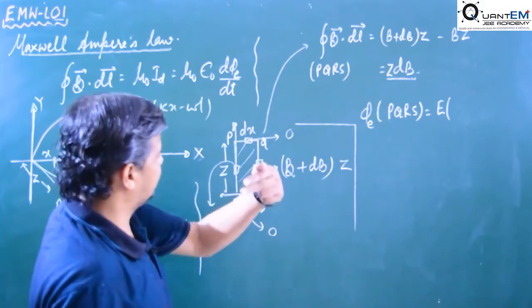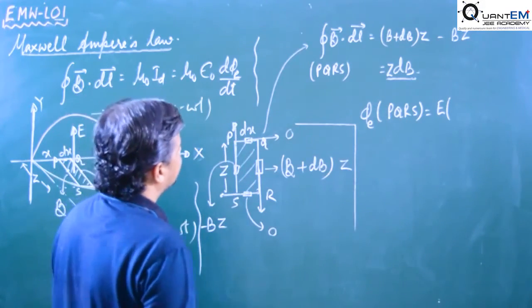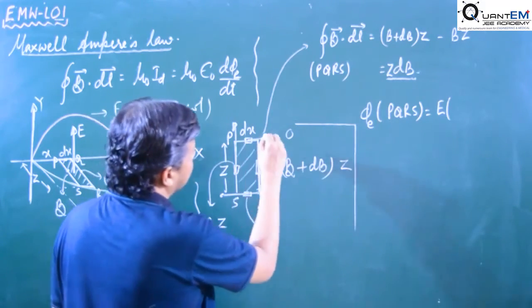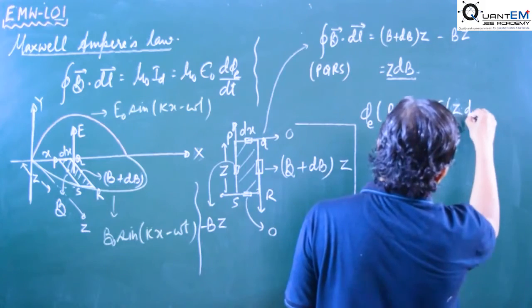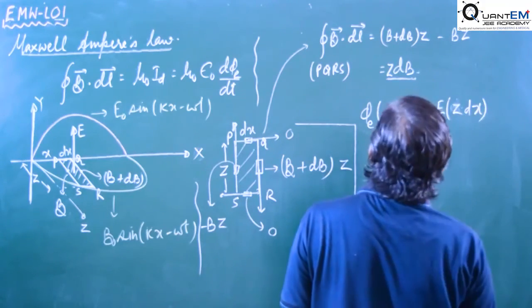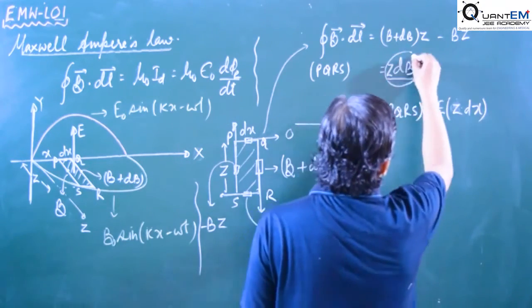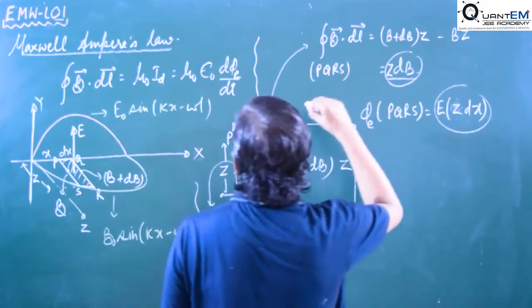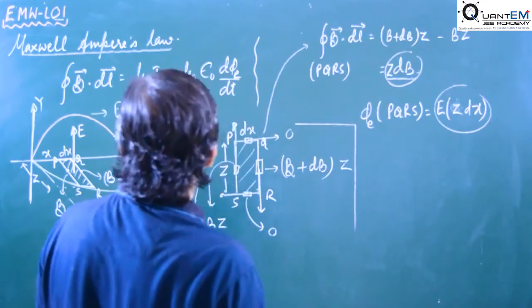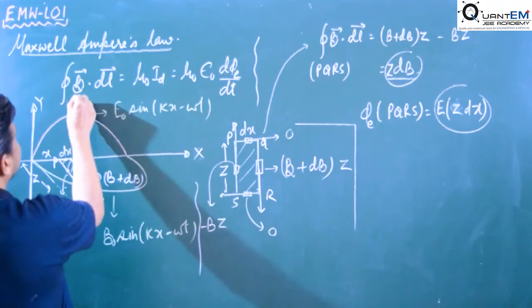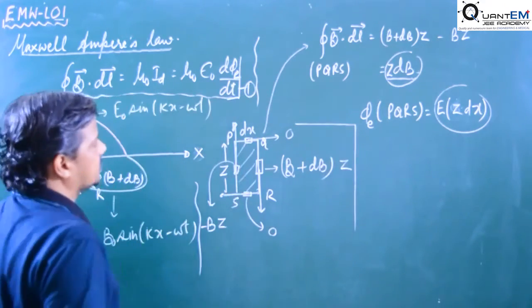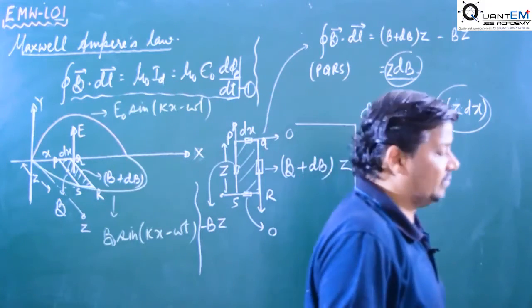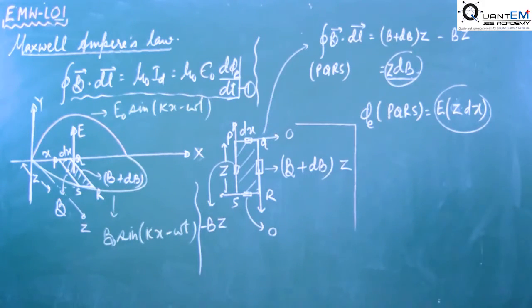Electric field is in this direction and area is also in this direction, so area is Z into dx. Now putting these values in equation 1 suppose, okay. Now we put in this equation and see what result we find, okay.